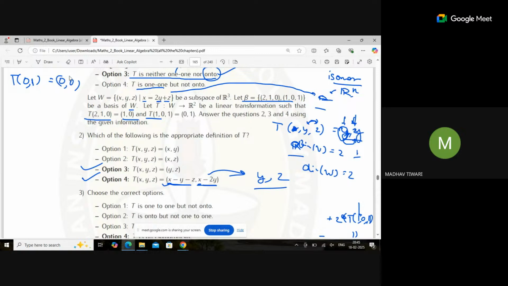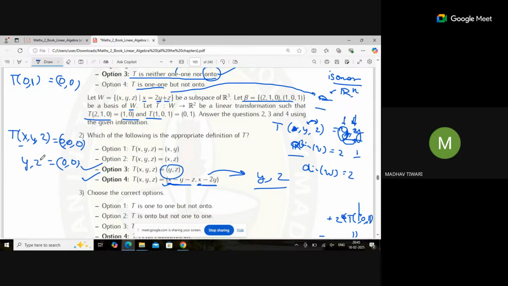You can simply check one-one by that formula as well. If you want to transform the zero vector, suppose all x comma y comma z for 0 comma 0 comma 0, you can apply this. So suppose I find the solution for this. The transformation of this is y comma z, and directly y comma z is equal to 0 comma 0.